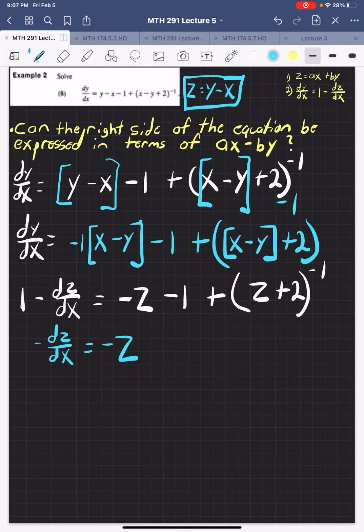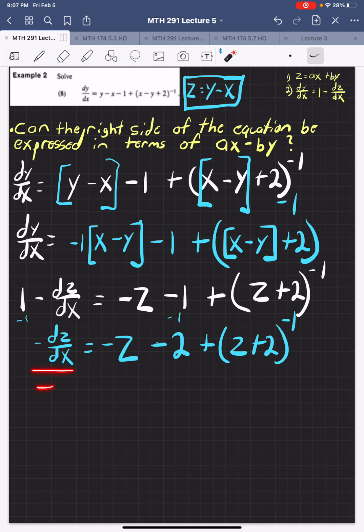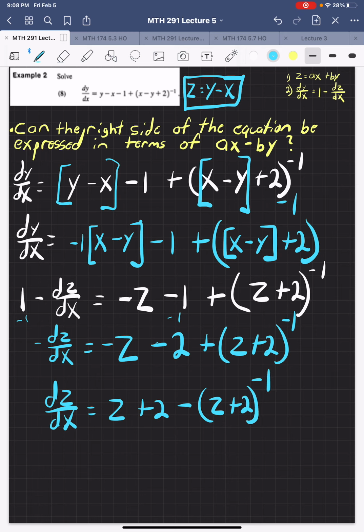If I subtract 1 here and subtract 1 here, that would be minus 2 plus z plus 2 to the power of negative 1. Now I'm just going to get rid of this negative symbol: divide by negative 1 on every term. That finally gets me to dz dx is equal to z plus 2 minus z plus 2 to the negative 1.